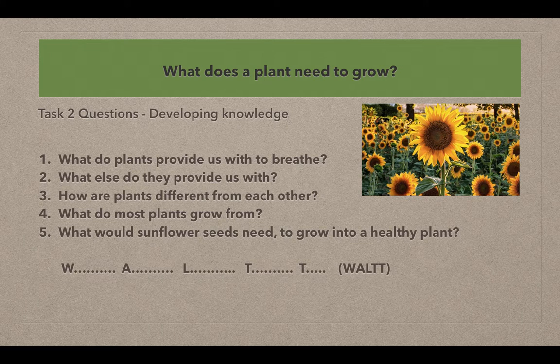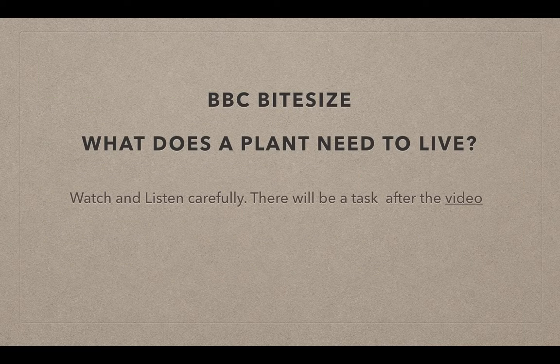So I've used the letters W-A-L-T-T in brackets Walt. Each word that you're looking for starts with the first letter. So W-A-L-T-T. Remember, pause the video if you need to, do the task, and then restart it when you're ready.